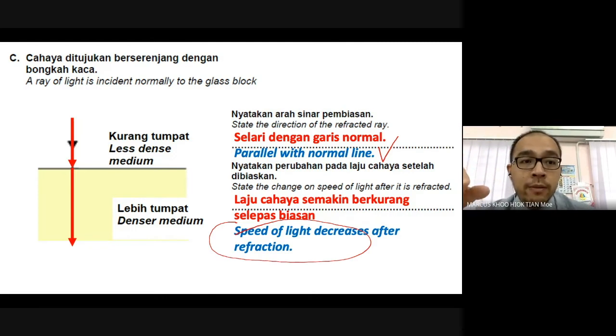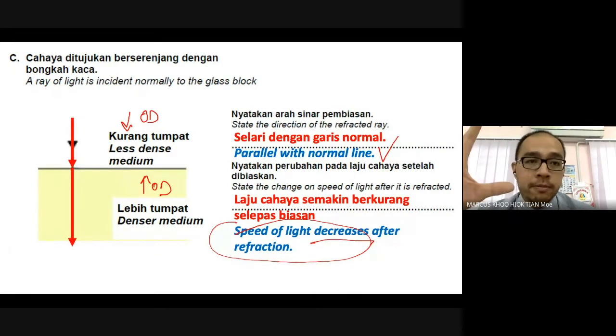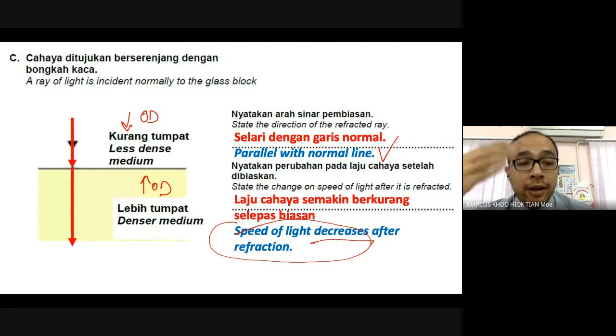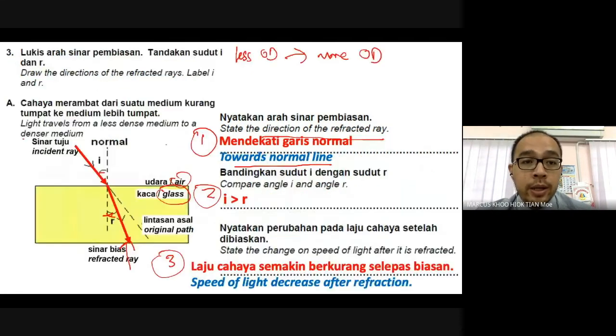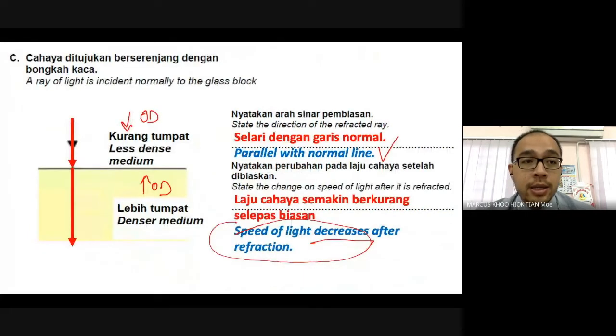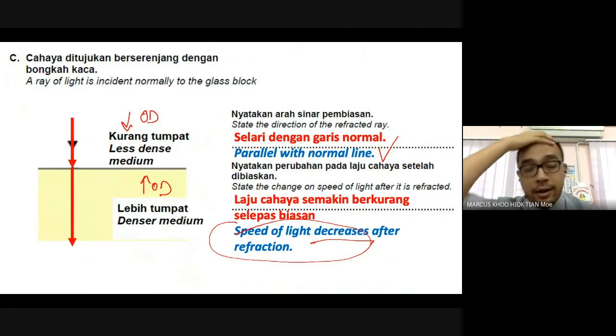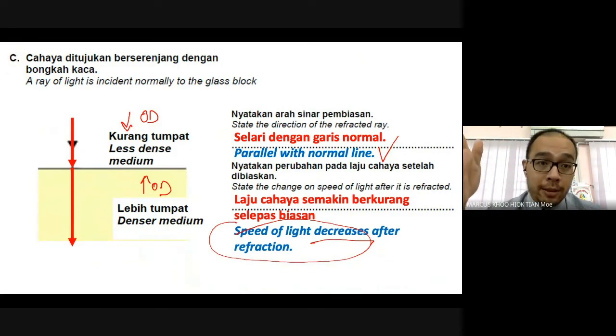If it is moving from a less optically dense to a more optically dense medium, the speed of light is going to decrease, definitely. Just that the direction depends on whether it is at an angle with the incident angle, or whether it is totally parallel with the normal line.